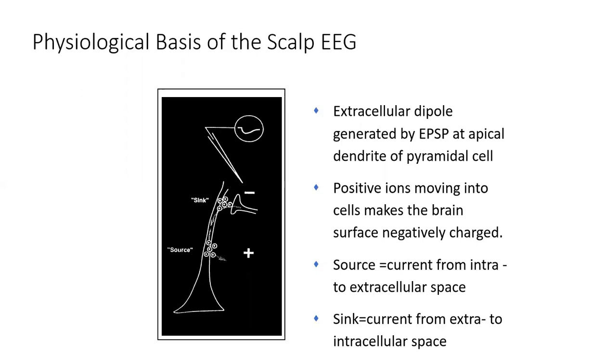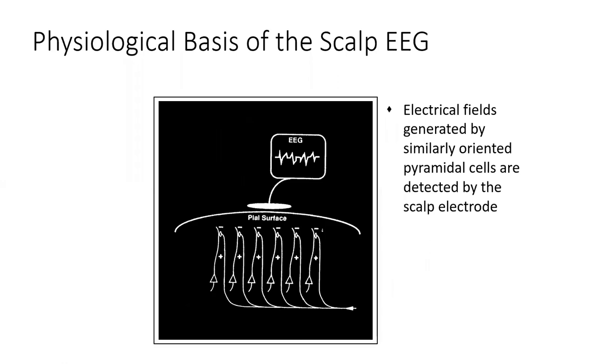Positive ions that move into the cell make the brain surface more negatively charged. So we think of this as both a source and a sink. The explanations are there on your screen. The source is the current from the inside to the outside extracellular space, and the sink is the converse, which is current from the outside to the inside part of the cell.